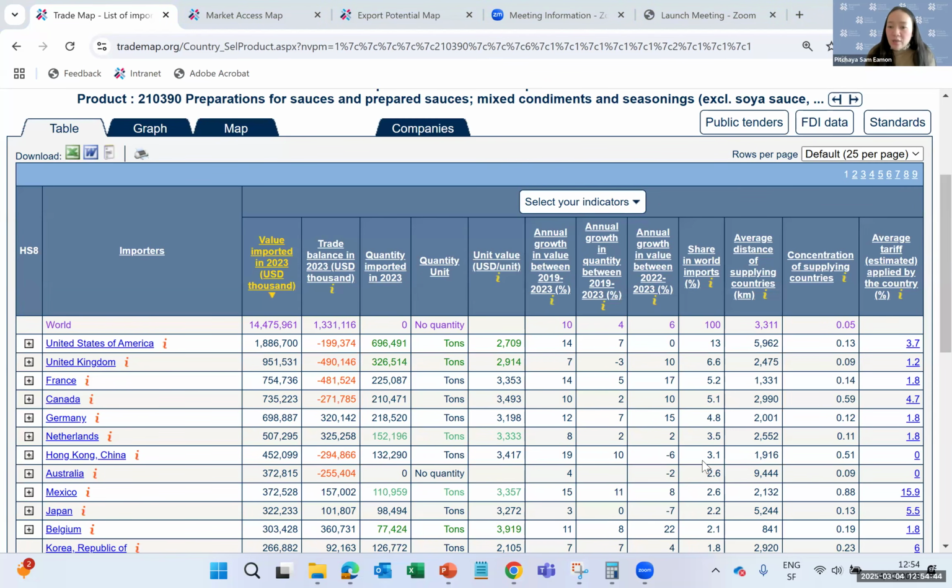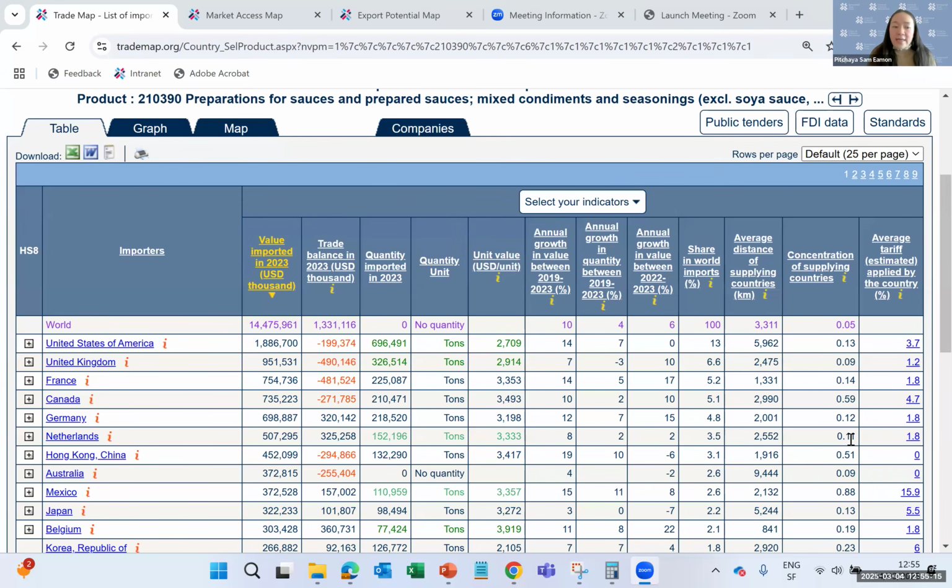We look at the share in the world's import, which is basically the US with the 13% share, followed by UK, France, etc. Average distance, the trade indicator average distance seeks to tell you that on average, that country buys from its neighboring country within the region, or it buys from a country that is relatively far away from them. So they buy from it internationally.